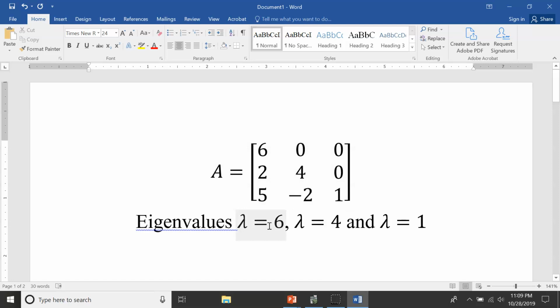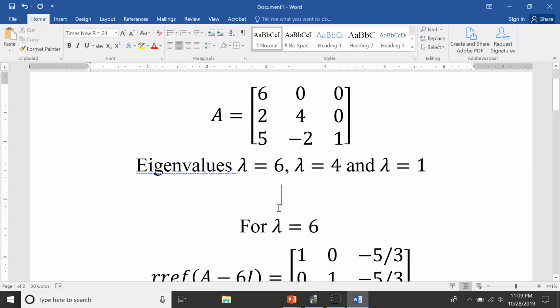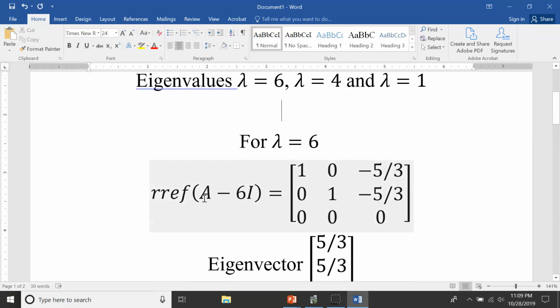And so we can go with the 6, the 4, and the 1 separately and find an eigenvector for each of those eigenvalues. Now when you row reduce A minus 6I, you get this matrix, 1, 0, negative 5 thirds, 0, 1, negative 5 thirds.